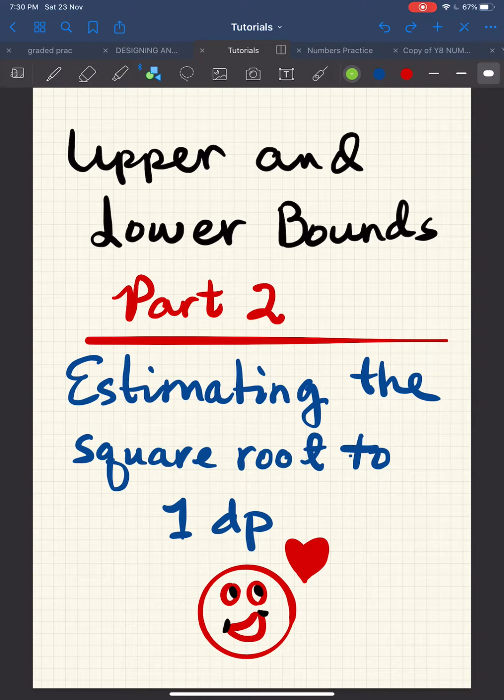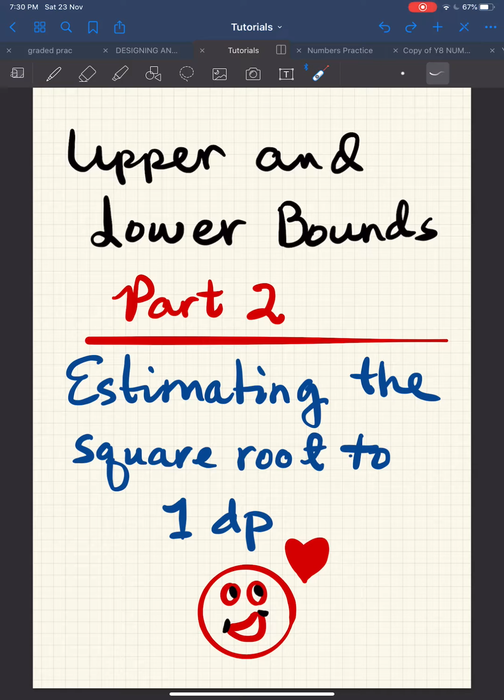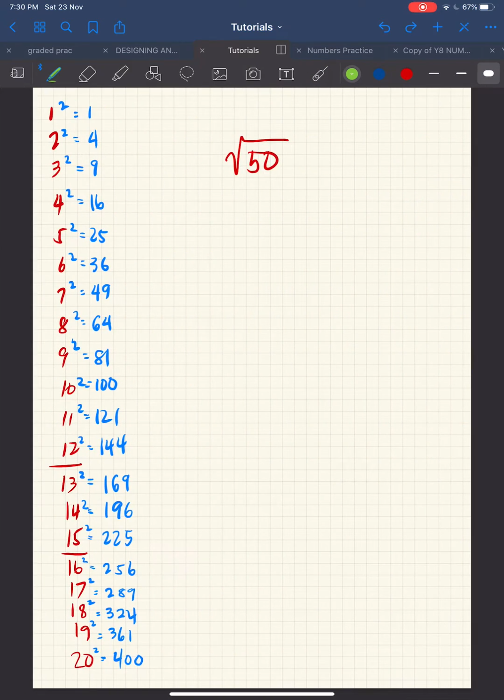Okay, this video is because of a student request to make it clear and talk about how we estimate the square root to one decimal point. From our past lessons, we already know that one of the things you have to do is master the squares.